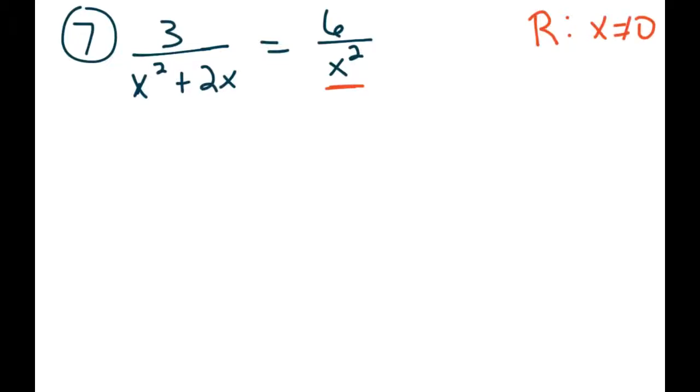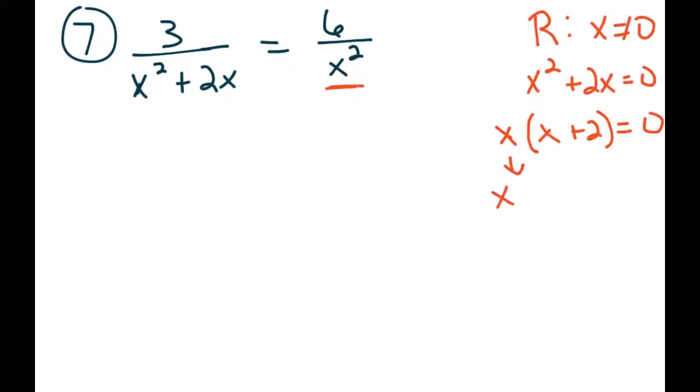Now the x squared plus 2x, I'm going to come over here. I'm going to go ahead and factor a GCF out. I'm going to factor an x out of there. So I get x plus 2 equals 0. So here I can see x can't equal 0 here either.